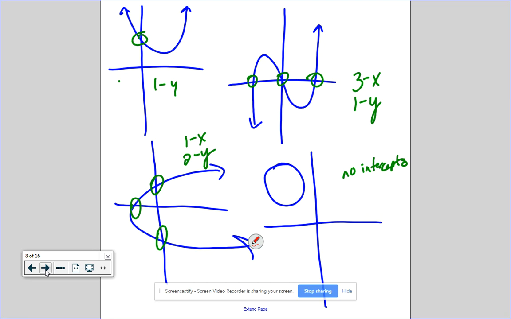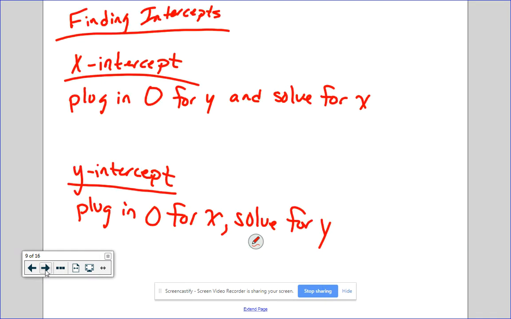This one, 1 x-intercept, 2 y-intercepts. This one has no intercepts at all. Never crosses the x or the y axis. All of these cases will happen within problems we'll look at this year. All right, finding intercepts.